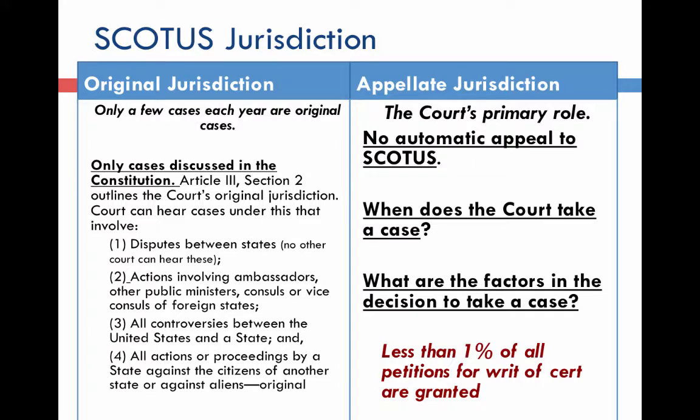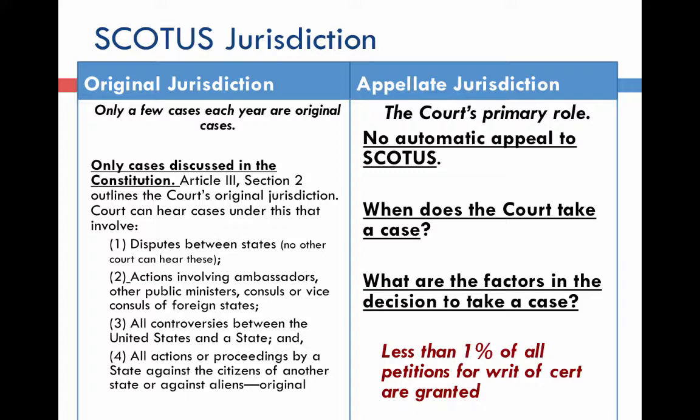The rest usually involve some measure of interstate or international relevance. So actions involving ambassadors, public ministers, etc. of foreign states. Controversies between the United States and a state can either be original jurisdiction or appellate jurisdiction.